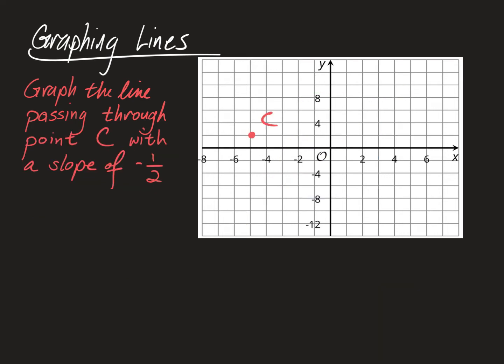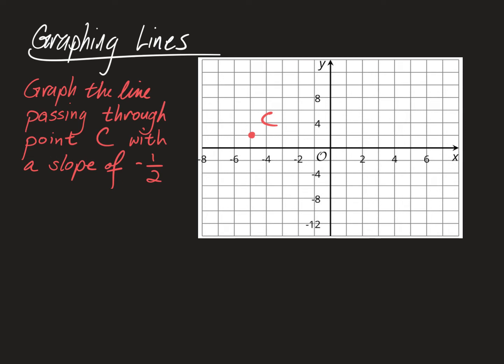More graphing lines. In this scenario, we have a point, and now we're given a slope. So with a little bit of knowledge gained already in this video, we're going to learn how to graph using a slope.